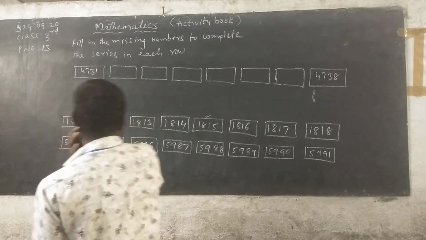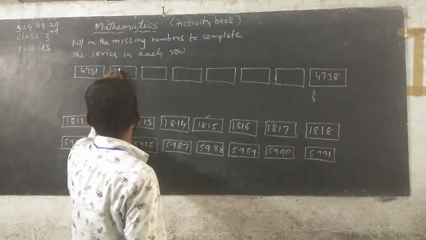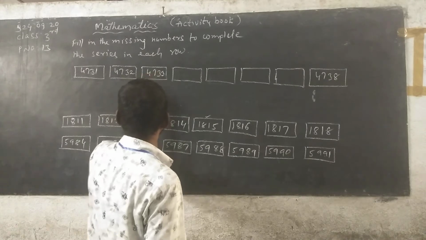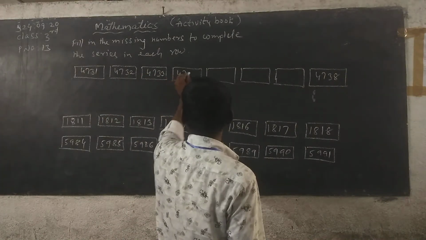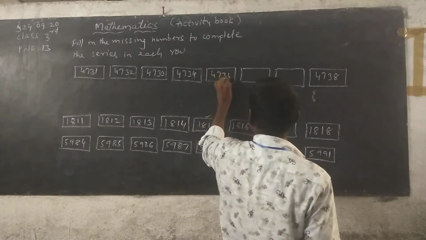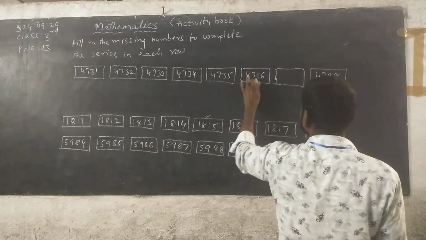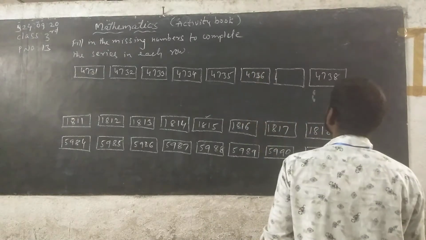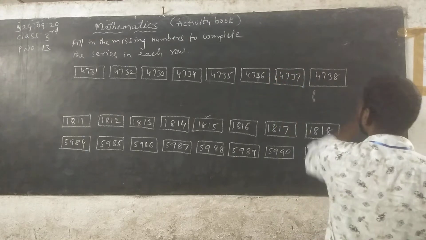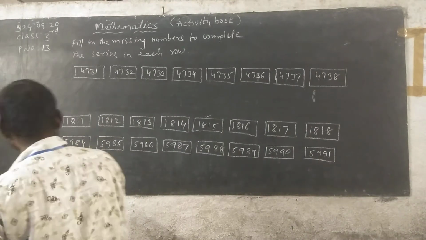Very simple. 4731 after 4732, next 4733, 4734, 4735, 4736, next 4737, 4738 is given. Last one.